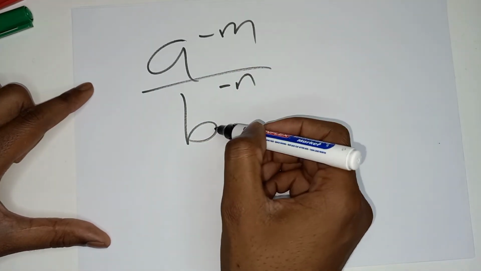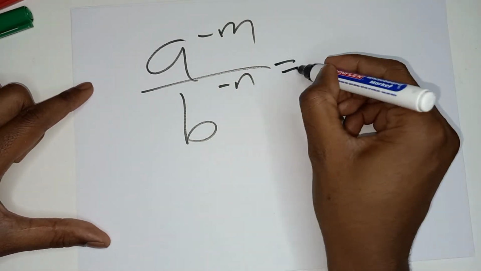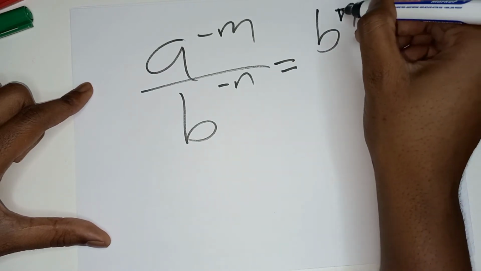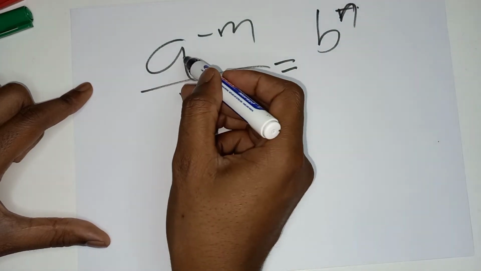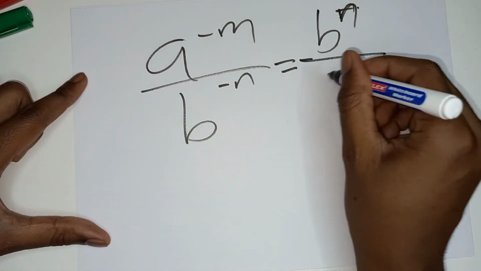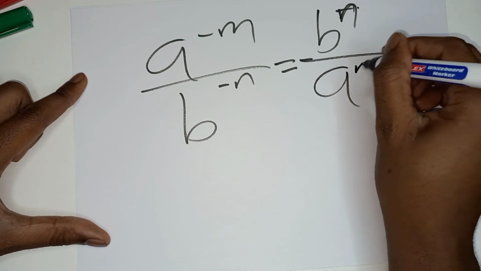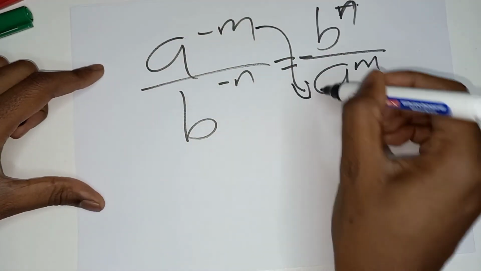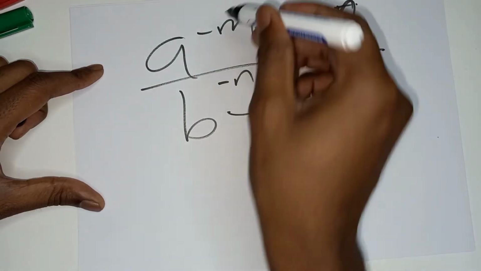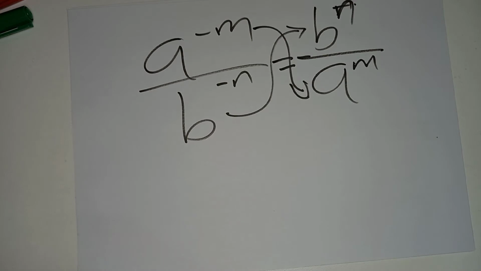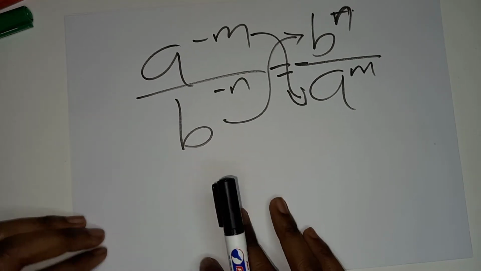If I switch b to become a positive exponent, I take it to the top, and it becomes positive n. And if I switch a to become a positive exponent as well, I take it to the bottom, where it's to the positive m. So switching the sides of your two exponents changes their signs. Again, this is a derivative of the other correlations.